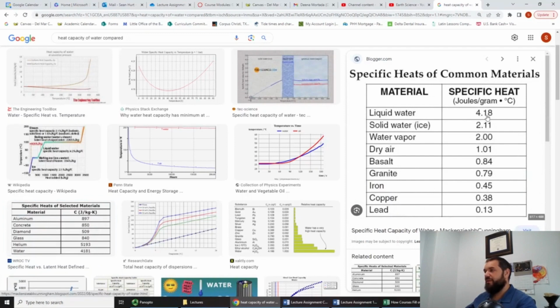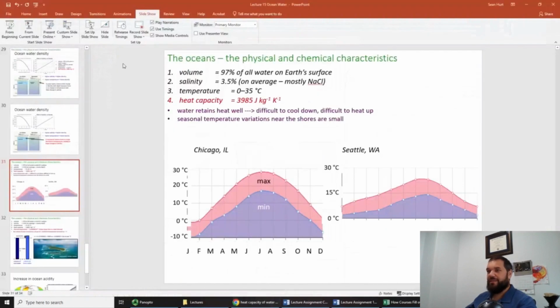The heat capacity of liquid water is a lot higher than anything else, right? So water just has an insanely high heat capacity. What is heat capacity? It's how much energy it takes to change the temperature of something. So it takes a lot of energy to change the temperature of water.